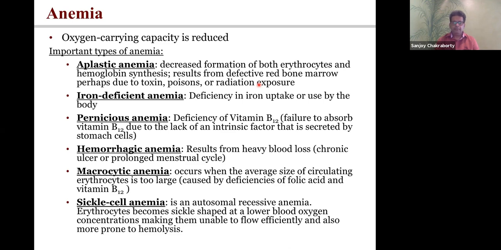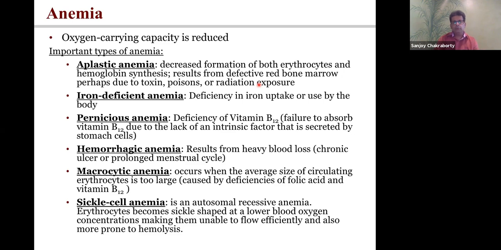That factor helps to absorb vitamin B12. So if you lack the intrinsic factor for any reason, it could be an autoimmune disease or it could be a genetic reason, you're going to have a lack of vitamin B12, which will interfere with blood production, thereby causing anemia. That's called pernicious anemia.